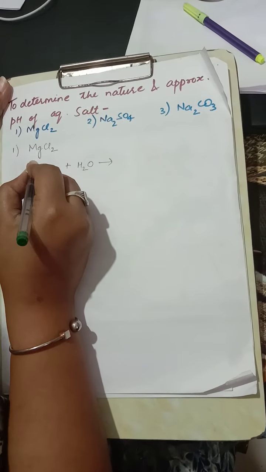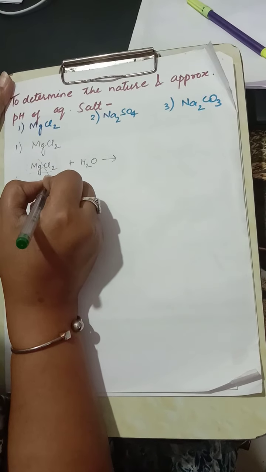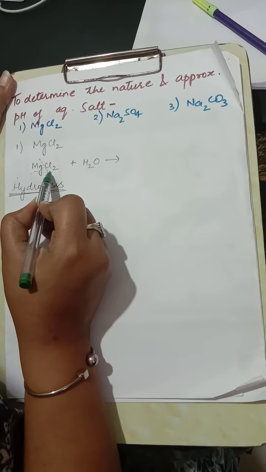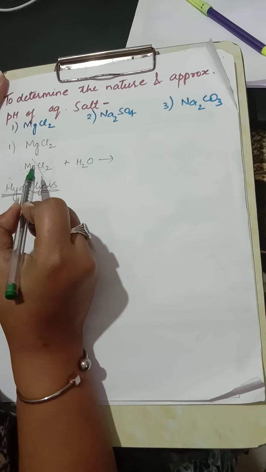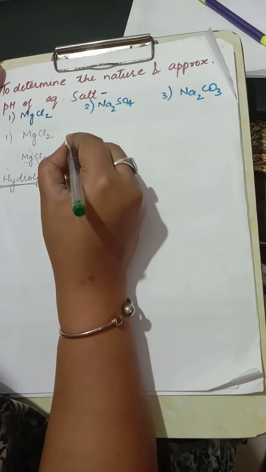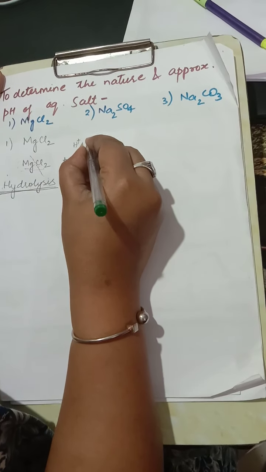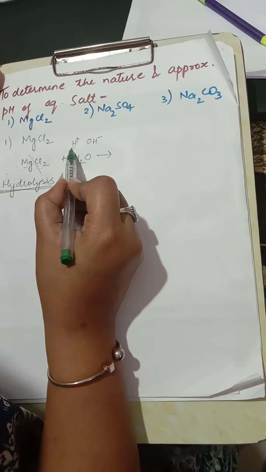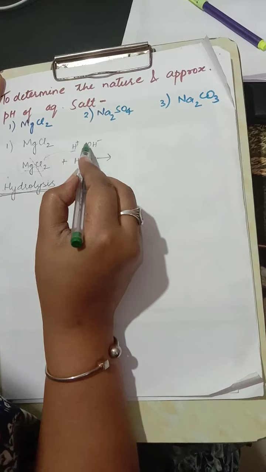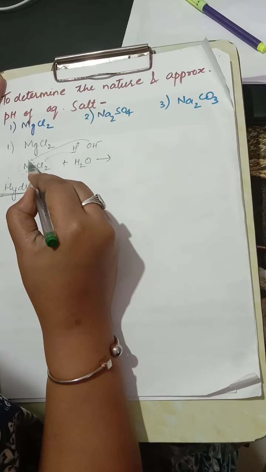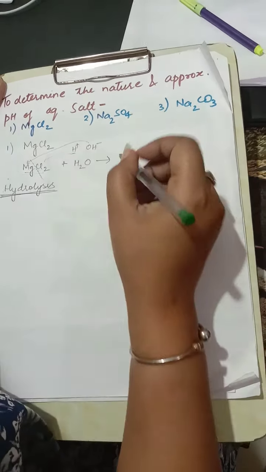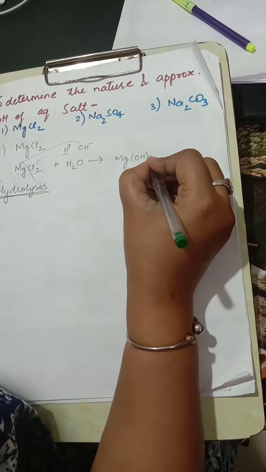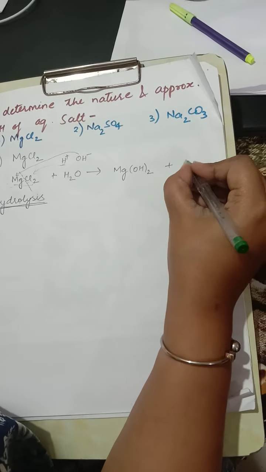Now, just decompose this salt in this manner. Mg and Cl are the two components of this salt, and water, we already know it is made up of H ion and OH ion. This H ion must go to this Cl and this hydroxyl will go to this Mg. So what will happen? After hydrolysis, Mg(OH)2 will form along with HCl.